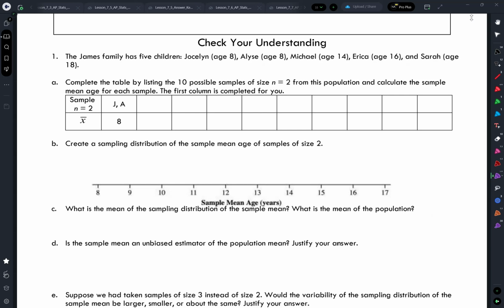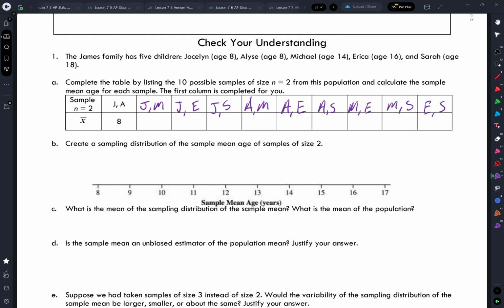So we got Jocelyn and Elise, Jocelyn and Michael, Jocelyn and Erica, Jocelyn and Sarah. Now we're going to do Elise with everybody. We already have Elise with Jocelyn, so it's Elise and Michael, Elise and Erica, and Elise and Sarah. Now we've got Michael with Erica, Michael with Sarah, and Erica with Sarah.